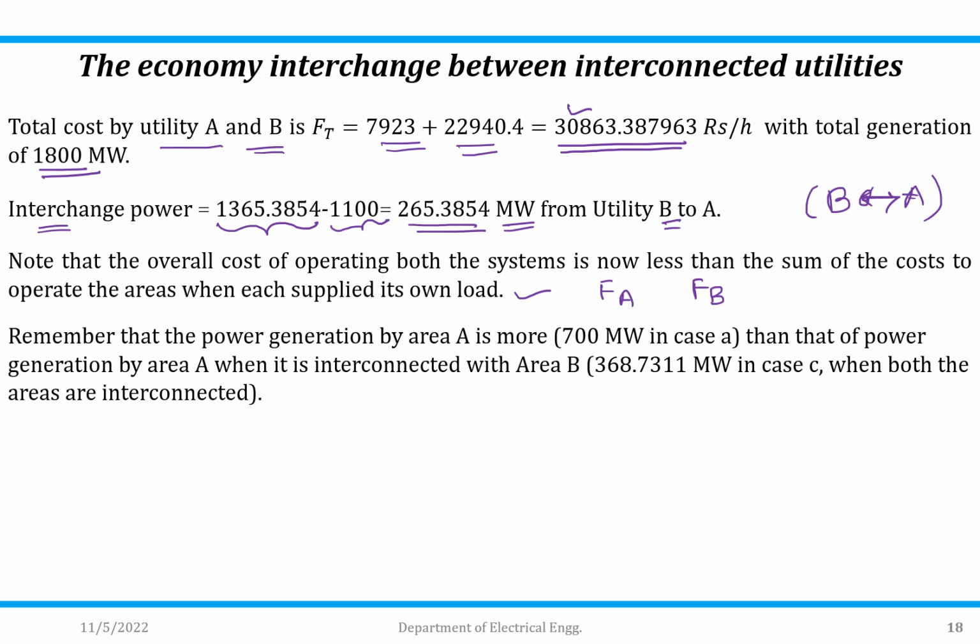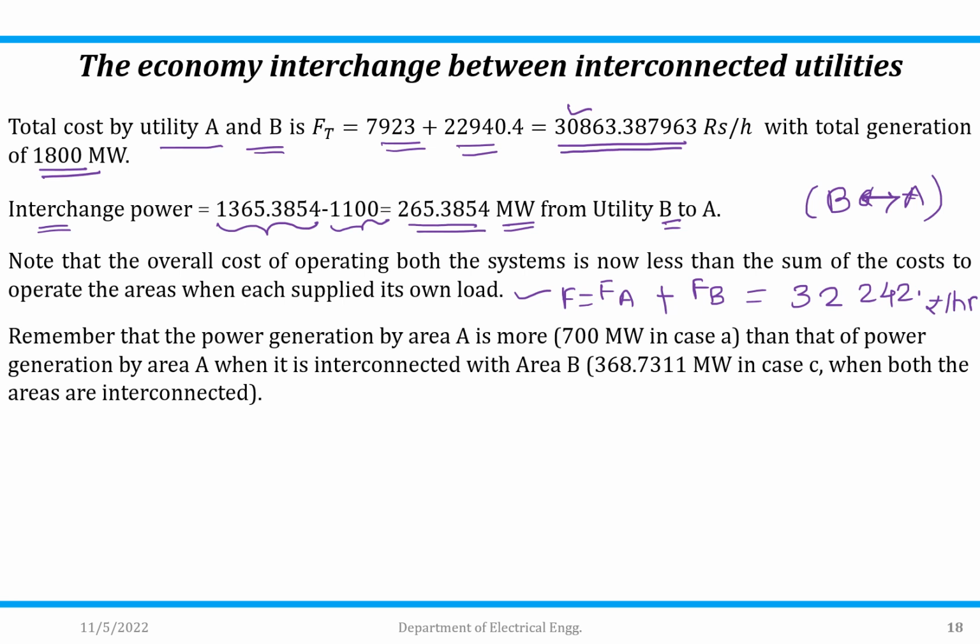If you remember, please go through that particular slide and check what we did there. After calculating utility B, we wrote one statement: total cost for utility A and B. F was equal to FA plus FB, and we got the answer as 32242 point something rupees per hour.